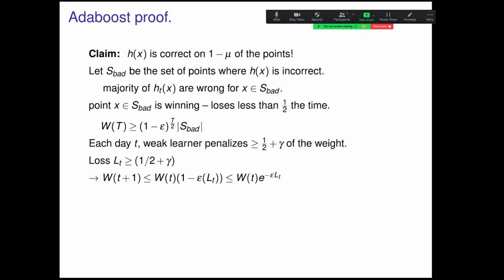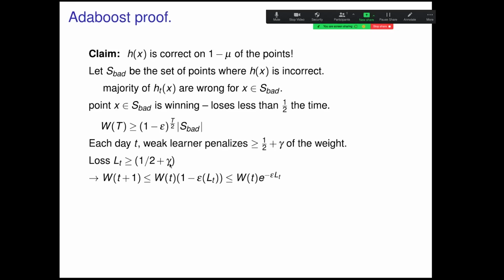So more than 1/2 plus gamma of the distribution of the weight loses. So this 1/2 plus gamma of the total weight goes down. Some of the weight isn't multiplied by this thing, but some of the weight is.